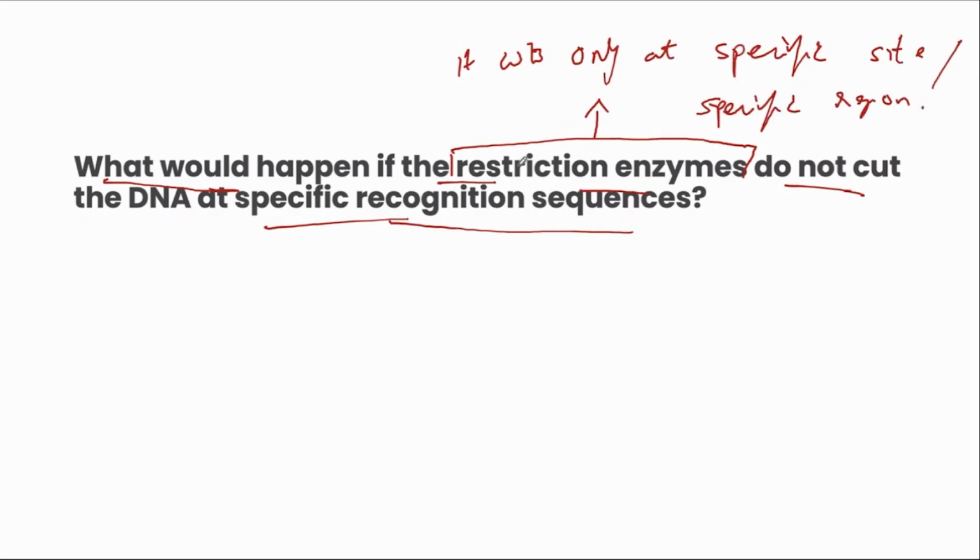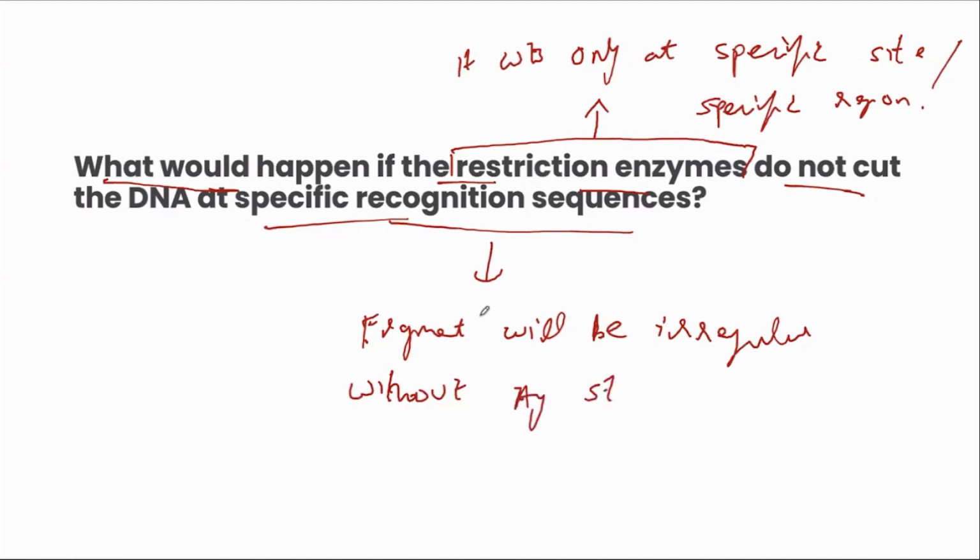But this is a hypothetical question: what if it does not cut the DNA at the specific recognition site? If it cuts randomly, the DNA fragments will be irregular without any sticky ends, and therefore no rDNA would be formed.